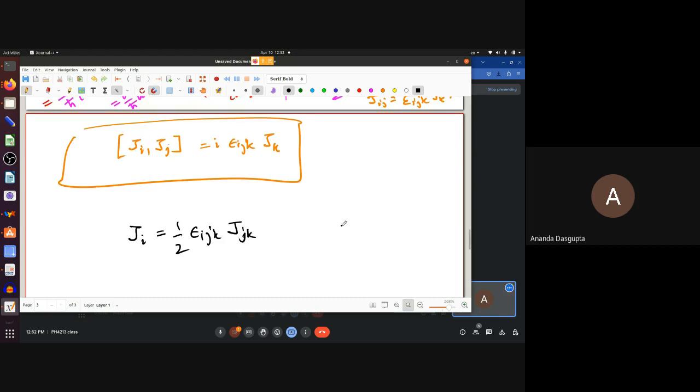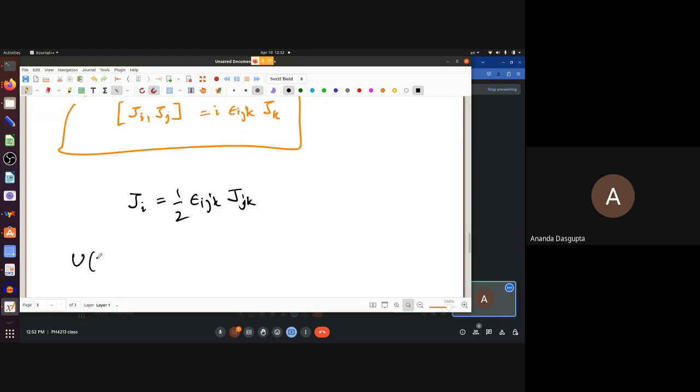Okay. So how would rotations change the Ji's? Well, it will be essentially this.